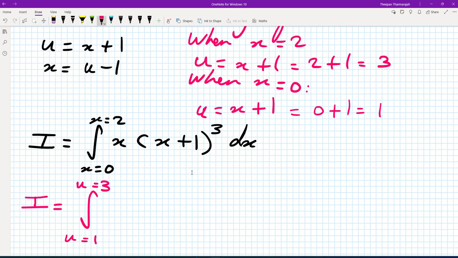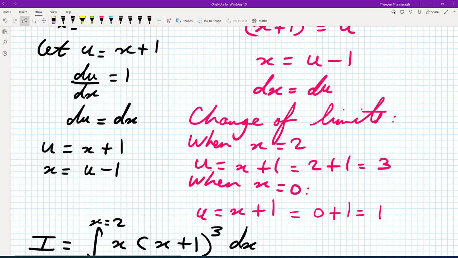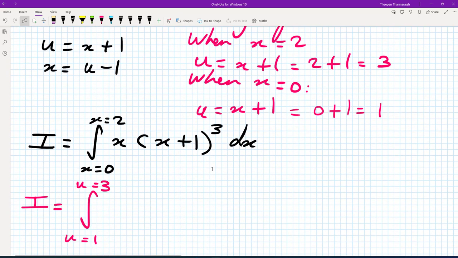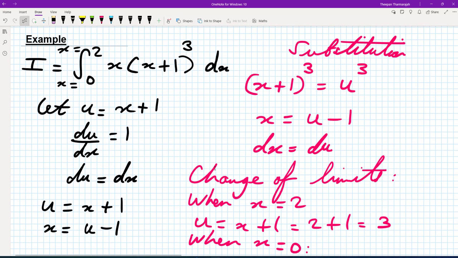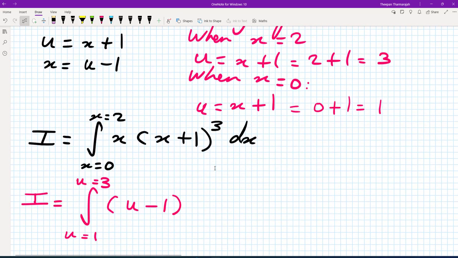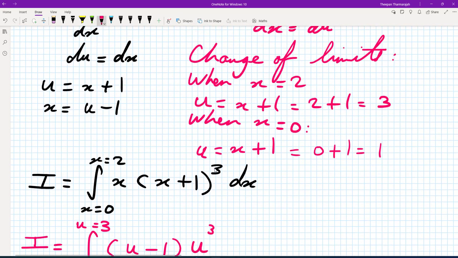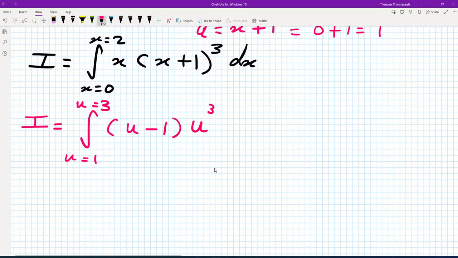Going back to our substitution section, u minus 1 is x, so we replace x with u minus 1. We said that (x plus 1) all cubed is u cubed, so we write u cubed, and dx is exactly the same as du.